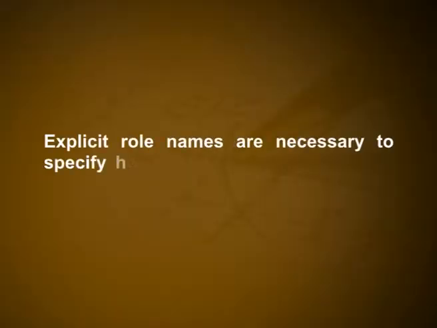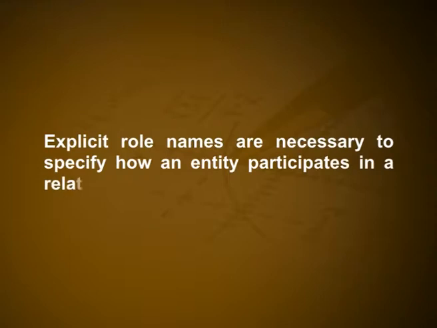The function of an entity in a relationship is called that entity's role. Roles are useful when the meaning of a relationship needs further clarification. If the same entity set participates in a relationship set more than once in different roles, such a relationship set is said to be recursive. Hence, explicit role names are necessary to specify how an entity participates in a relationship instance.